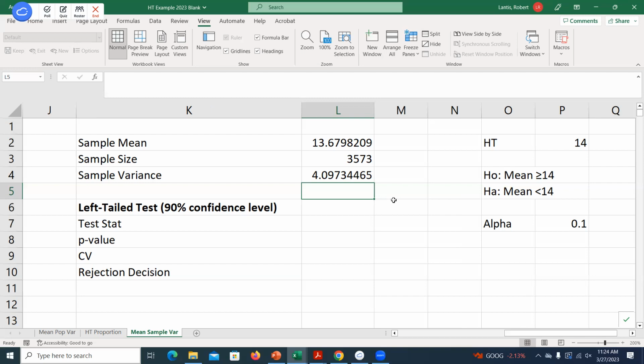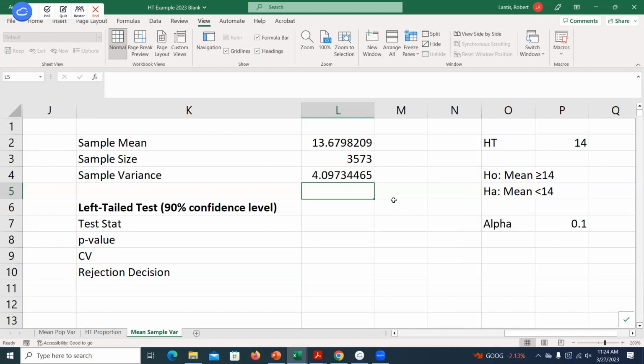Here I've got a less than sign in my alternative hypothesis. The sign of the alternative hypothesis tells us what type of test. Here I have a less than sign, so a left tail test. Only evidence on the left side of my distribution would go against the null, right? So I'm thinking about this.